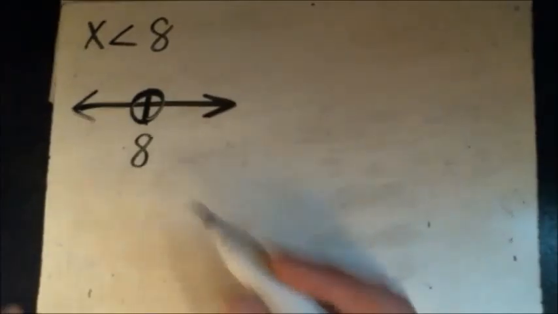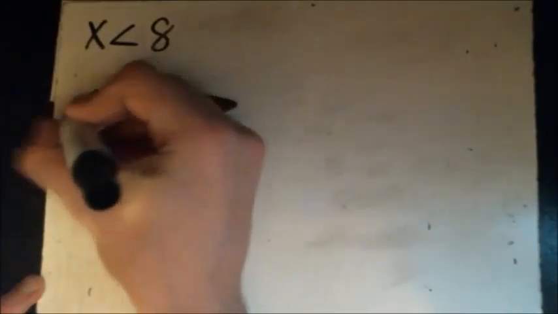The next question I want to ask myself is, is it an open circle or is it a closed circle? Because it's a less than sign and there's no equal sign underneath it, I'm going to use an open circle. Okay? And because x is less than my value, I want to shade to the left.